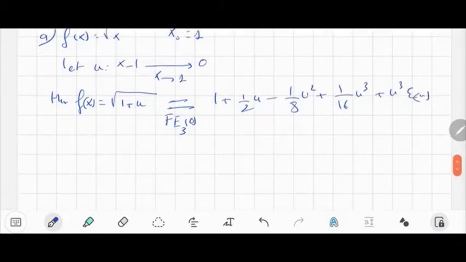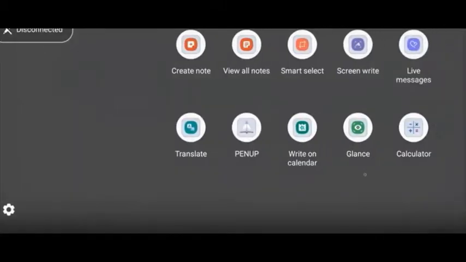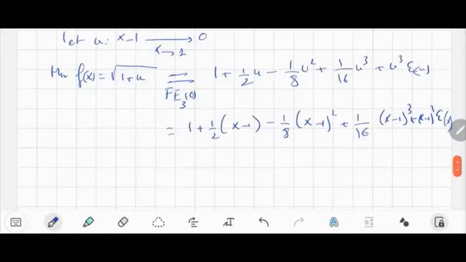So all we need to do now is to replace u by x minus 1, so it will be equal to 1 plus half (x minus 1) minus 1 over 8 (x minus 1) squared plus 1 over 16 (x minus 1) to the power 3 plus (x minus 1) to the power 3 epsilon of x.